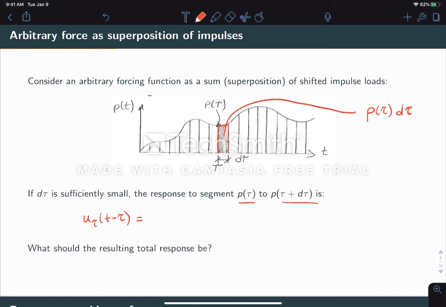So times the area, right? So it's going to be p of tau d tau, the area. This is the I, so to speak, the magnitude of that impulse, times the unit impulse response, which is h of t minus tau.